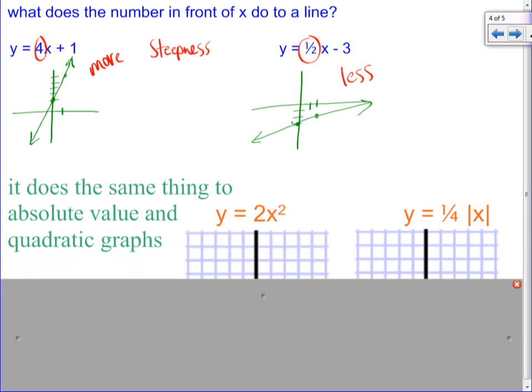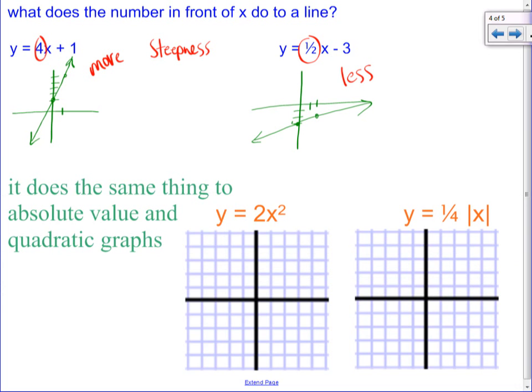Okay, so let's look at these two. We have an a value here of 2 and then a 1/4 over here on the right. Okay, so this is going to be what? More or less? More steep. Okay, so this is the parabola. It's not moved anywhere, so it's right at the center. Now, normally we plot our 5 points.